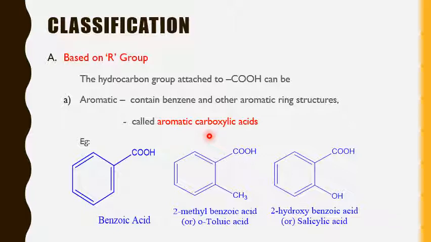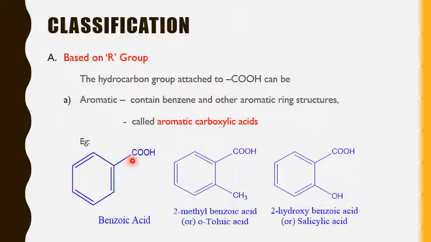There are many others also. Here, for simplicity, I have taken the examples with benzene ring. So if the COOH group is attached to a carbon of benzene or benzene-like molecules, then they are called aromatic carboxylic acids. Here you can see some examples.